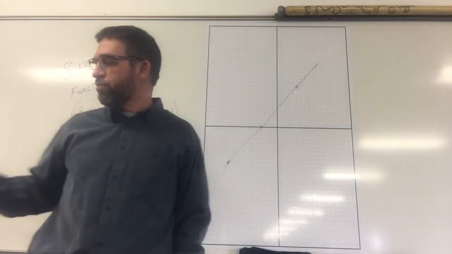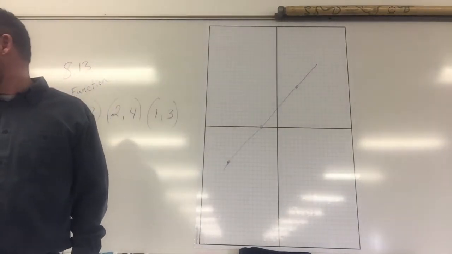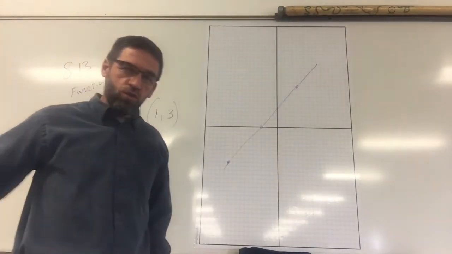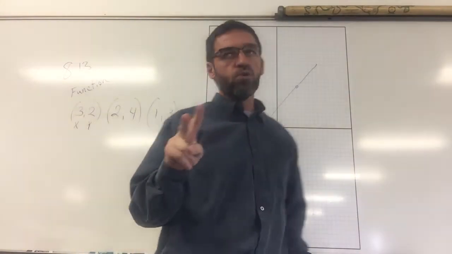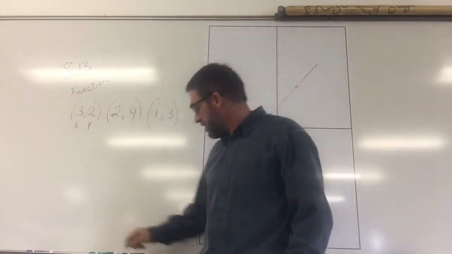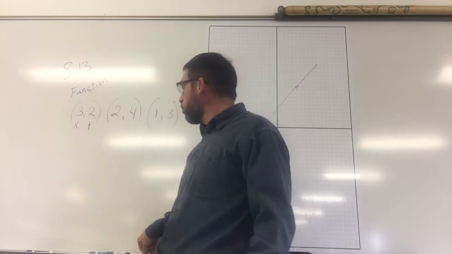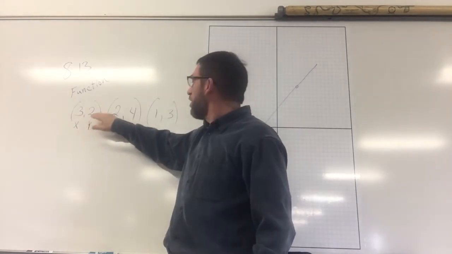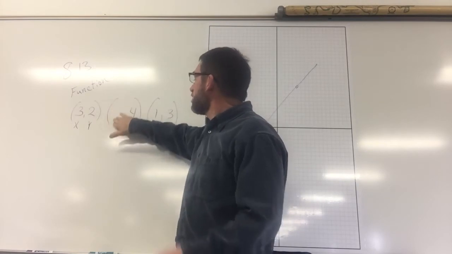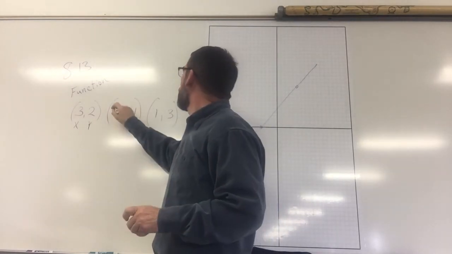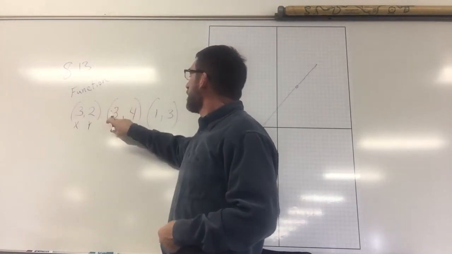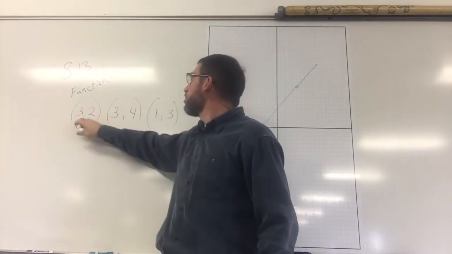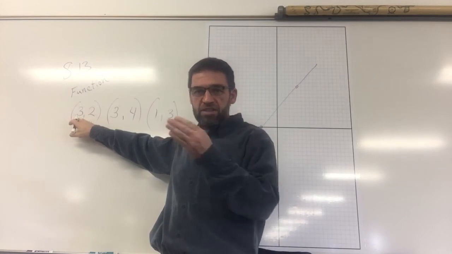If you look on the first page there, it talks about functions never pair the same x value with 2 different y values. Okay, so what it's saying is it's not a proper way to write to have a 3 and a 2 together, and then let's say we put a 3 here. The x can never be paired with a different number than what it has in one of the sets.